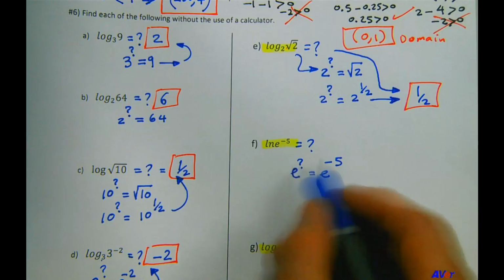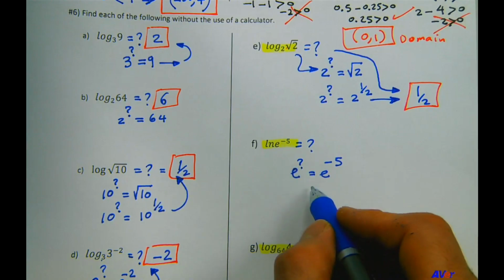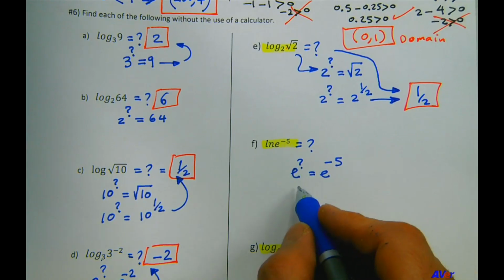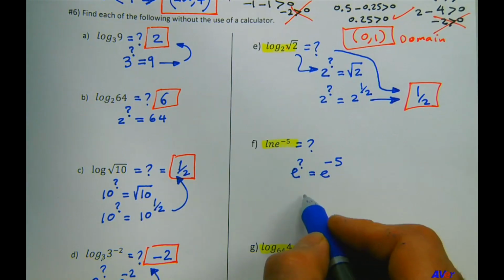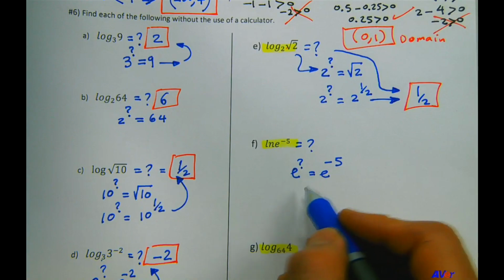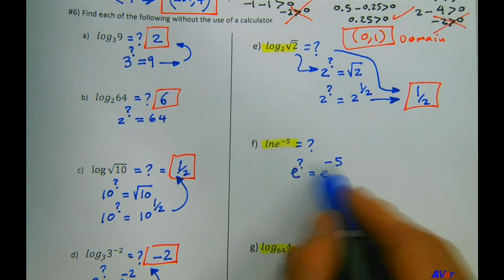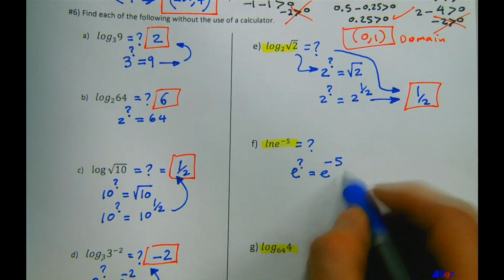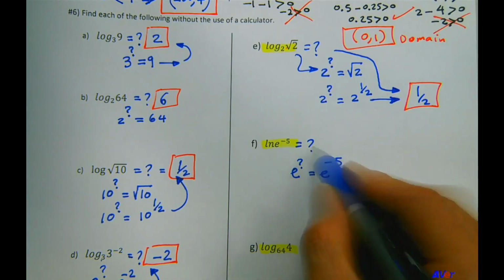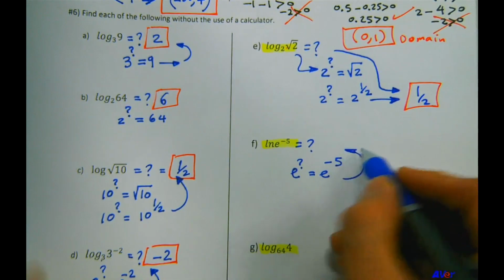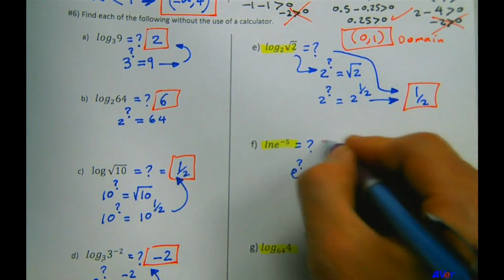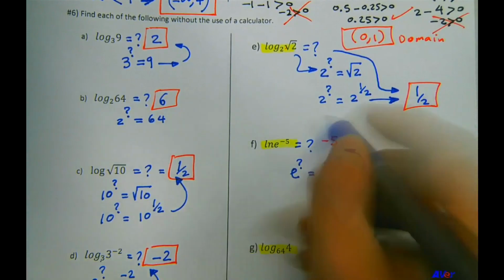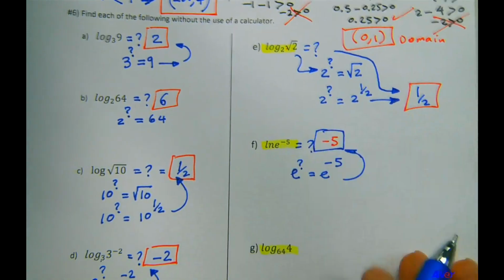Okay? So compare the two sides. The only way these two sides can be equal to each other is if the powers are equal. So the question mark then must be equal to negative 5. Like that. Okay?